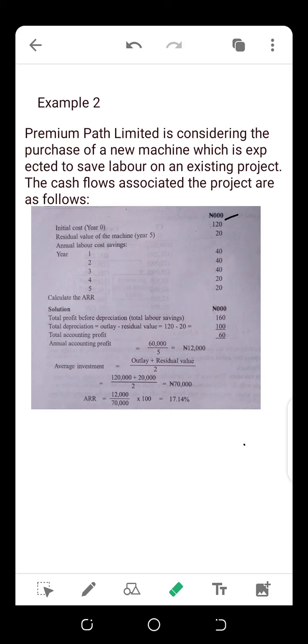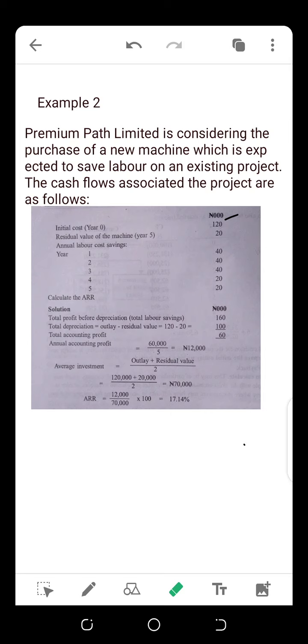Right? If you are basing it on average, it will be the usual way we've been calculating. But let's take some adjustments first. Now, what is the total profit, which is the savings? Don't forget that for this savings, depreciation has not yet taken place.